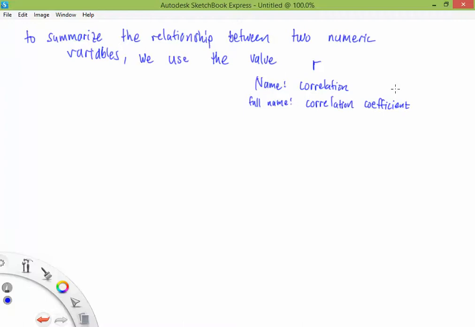It's central tendency, right? The average, the mean, the median, these talk about what values are around the center of our data set. The standard deviation summarizes what? The spread. And the correlation summarizes the relationship, okay? Are we getting this?